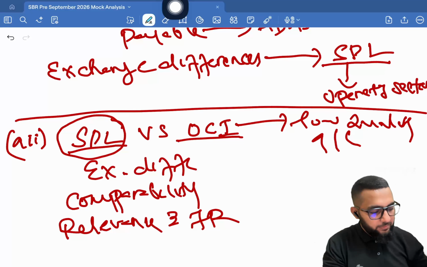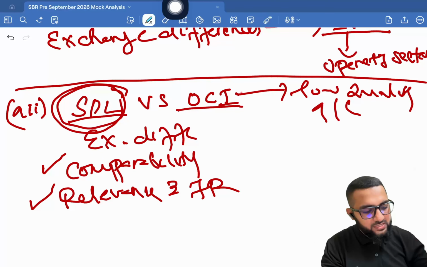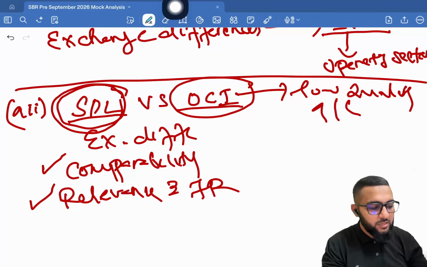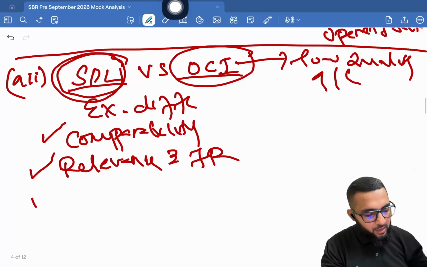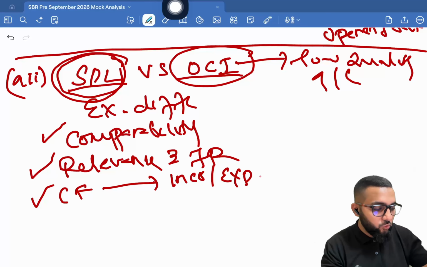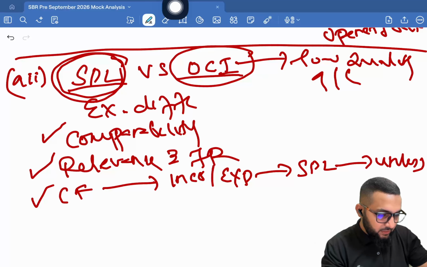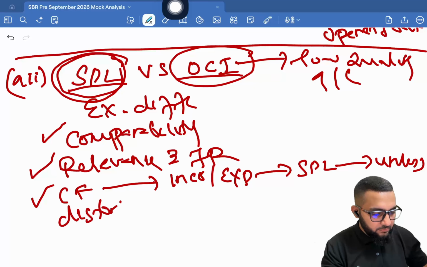Okay, you speak from a comparability perspective, and from a relevance perspective. You do discuss how there are two different situations, and then you talk about how the conceptual framework requires you to record income and expense through SPL unless it distorts, right?